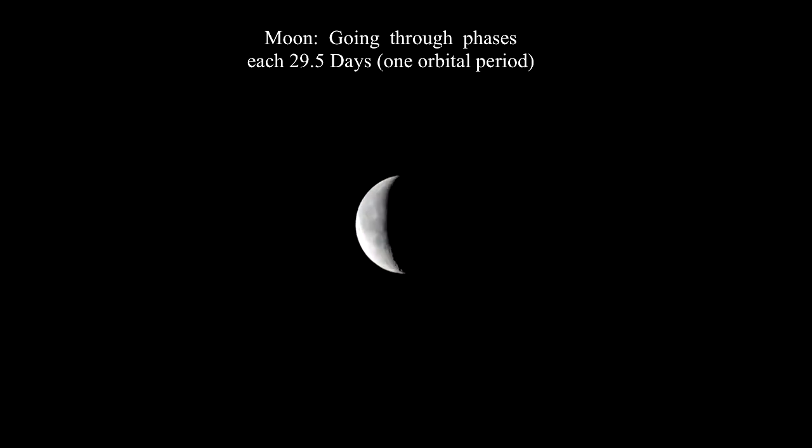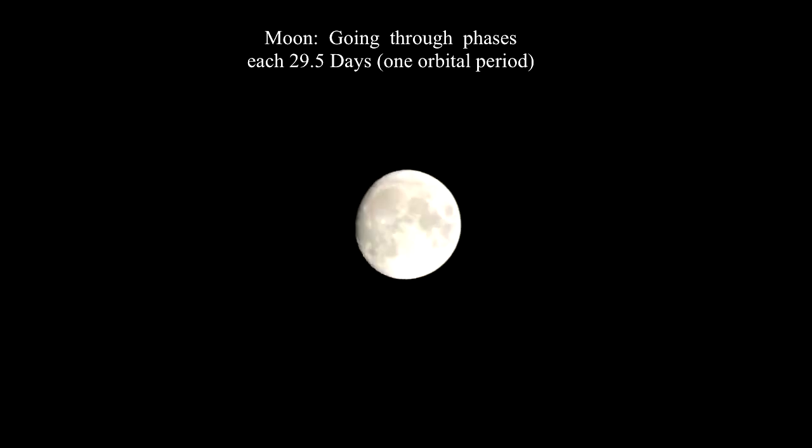If the hemisphere of the moon that we see is fully illuminated, it's a full moon. But as the moon goes around the Earth, we might see only half of it illuminated, a quarter moon, or a sliver, and that's a crescent.